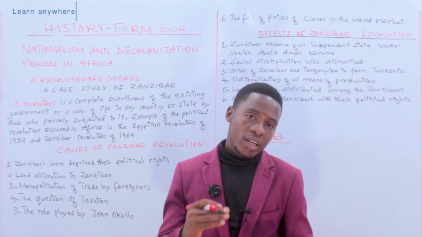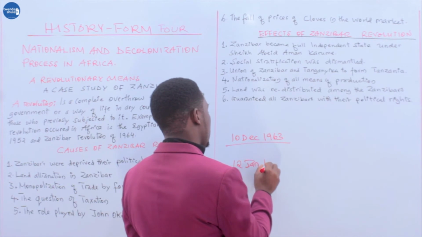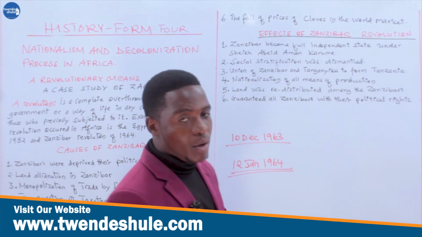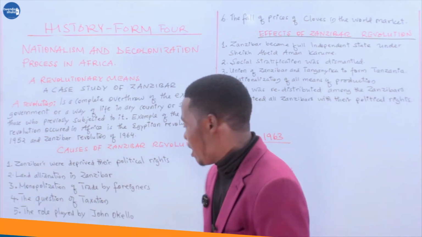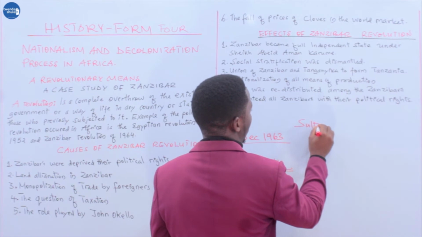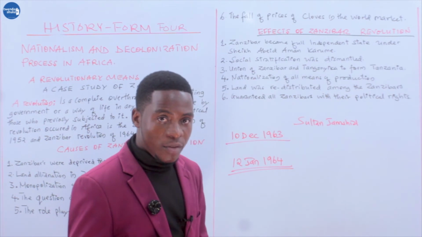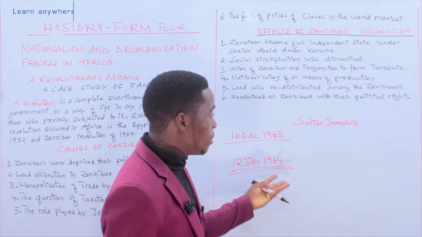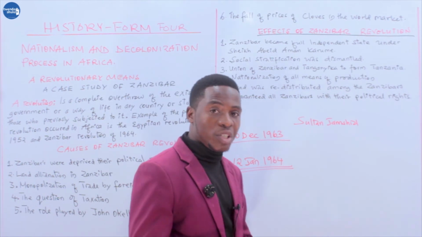Therefore, on the 12th of January 1964, the revolution occurred, whereby Zanzibar overthrew the government of Sultan Jamshid Abdallah.